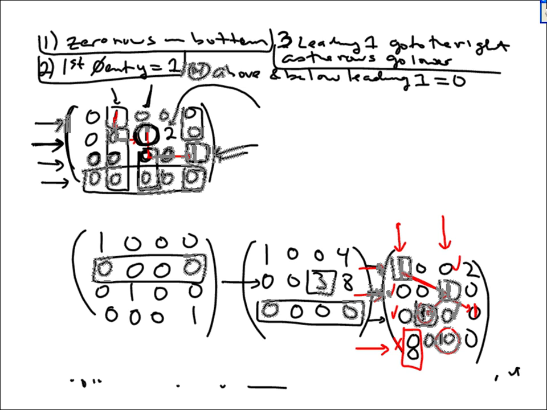Okay, this matrix here, 0, 1, 0, 0, 0, 0, 0, 1. Let's put another column. 0, 0, 0, 0, 1, and 0, 1, 0, 0, 0.